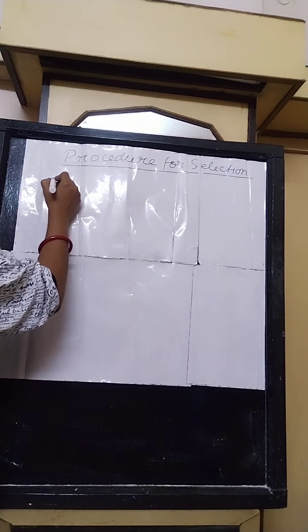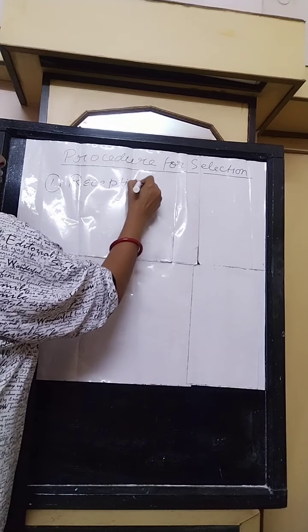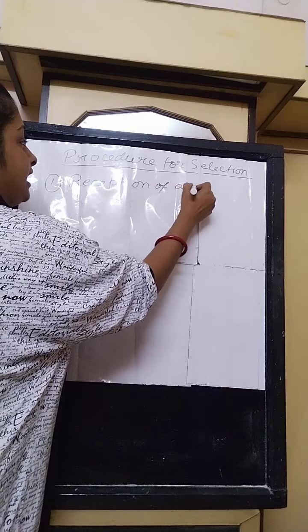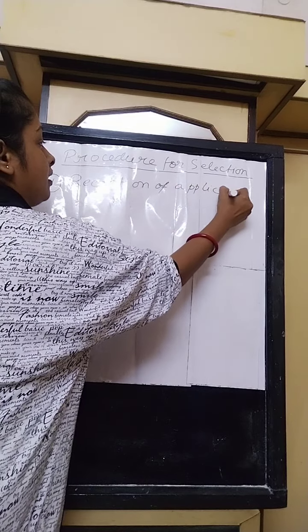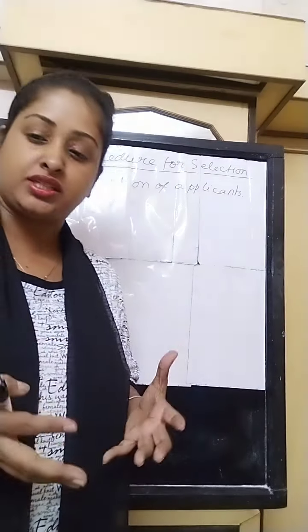In this process, to explain in detail, the first step is reception of applicants. As the heading suggests, this selection process starts with the applicants who come to the employment office of the organization. The attitude of the receptionists towards the applicants must be warm and positive.